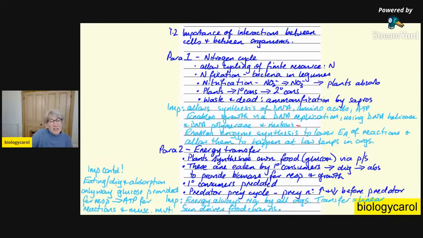And I have said eating, digestion and absorption is the only way that glucose is provided for respiration. Here we go. Notice that I'm bringing in another topic, as a result of glycolysis, link reaction, Krebs and oxidative phosphorylation, which produces ATP for chemical reactions and for muscle contraction.